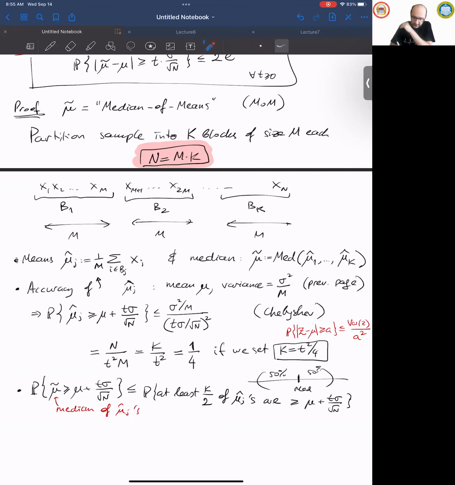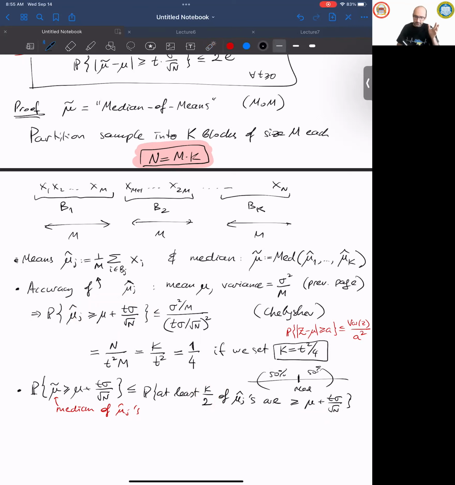So now we can think of coins. Each estimator is too large with probability at most 1/4, let's say. So it's like it flips a coin. Each estimator is independent, right? So we flip a coin with probability 1/4 of coming up heads, and we get this event. And now we say that at least half of these coins come up heads.